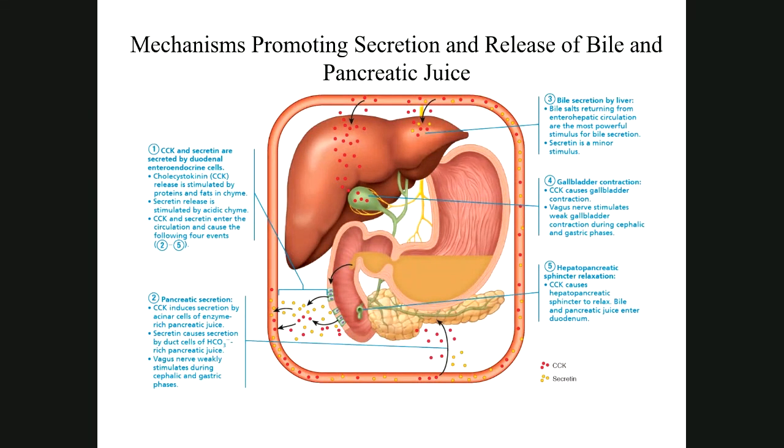At this point, CCK and secretin are going to enter the circulation and cause pancreatic secretion, bile secretion, gallbladder contractions, and hepatopancreatic sphincter relaxation.